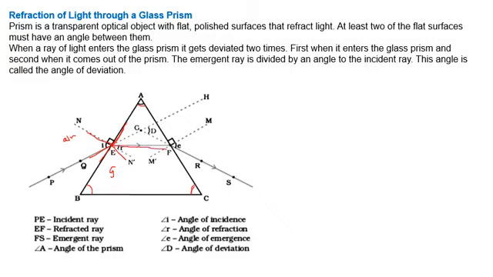If I extend that light ray, it is going straight in this direction, and this is my normal, right? The ray of light moves towards the normal when it passes from the rarer medium to the denser medium. Okay, you have to extend this ray of light, and again there is a junction where the light is moving from the glass and going out to air, which is the rarer medium.